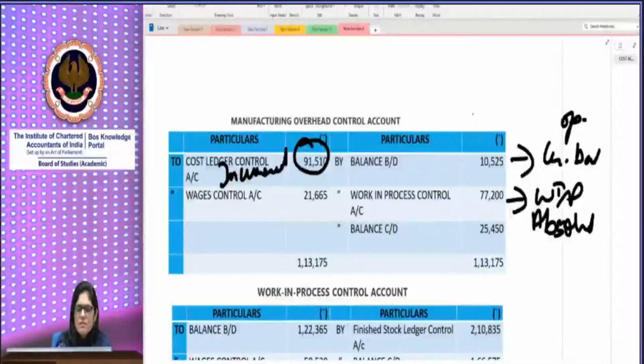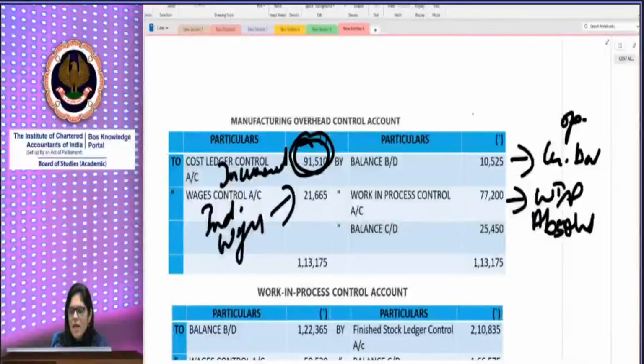And then the indirect wages came to this. So this we incurred, and this was transferred to manufacturing overhead. This we have incurred basically, and then it is absorbed in the WIP account. All right, and this is the closing balance.